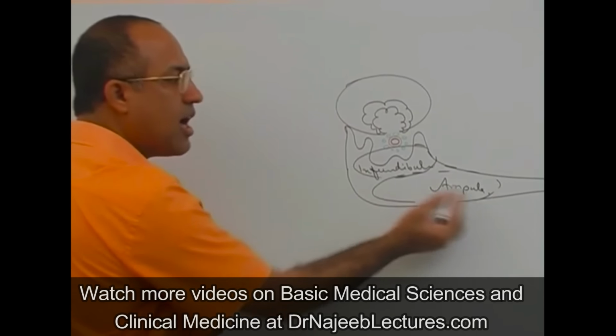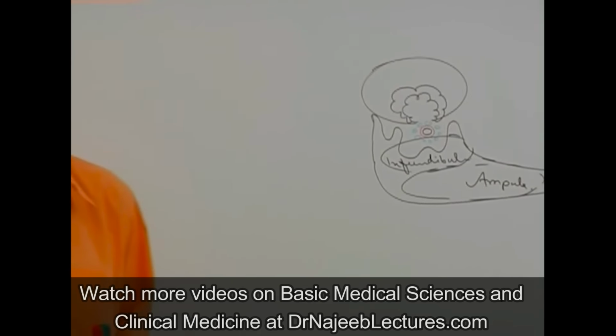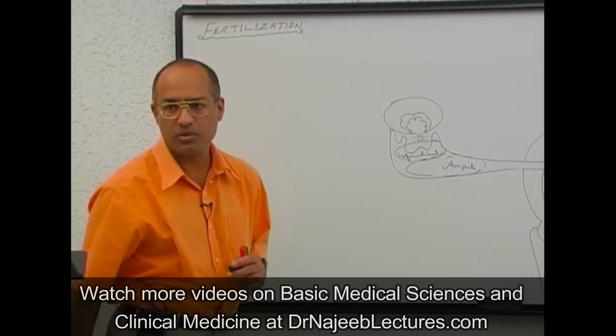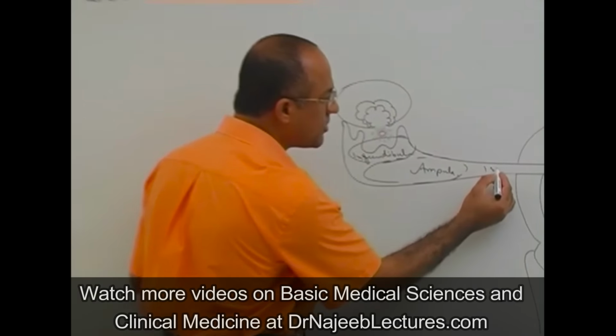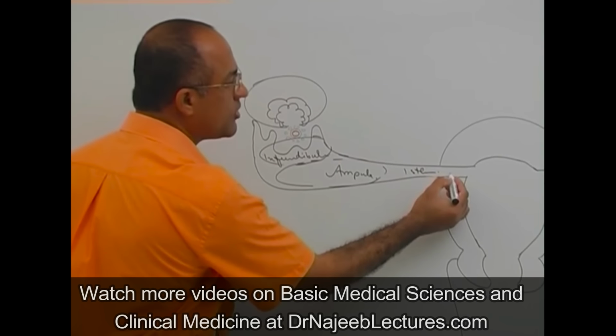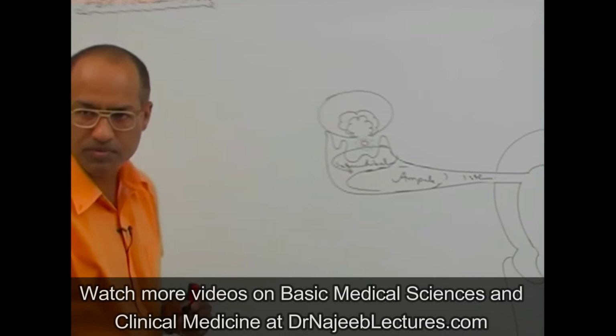And the ampulla of the uterine tube is the most common site where fertilization occurs. And then this is the ampulla, and then this is the isthmus, and then the intrauterine part of the fallopian tube. Is that right?